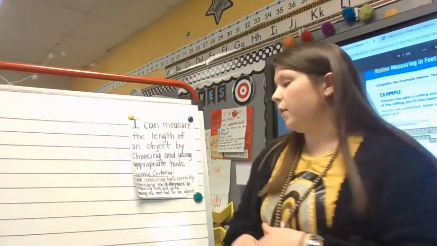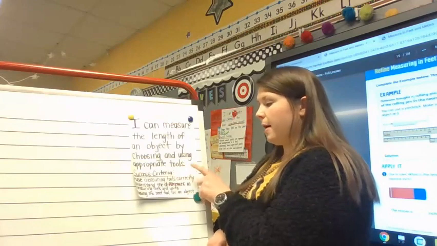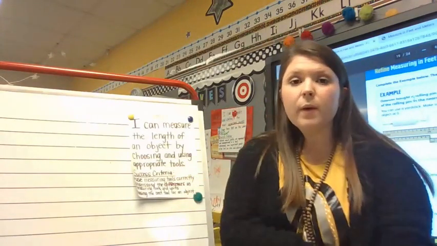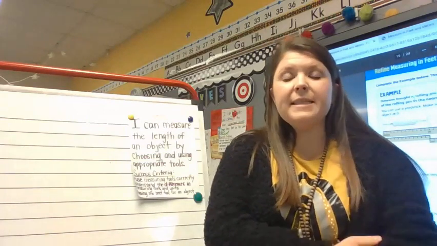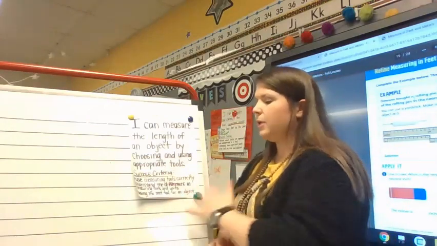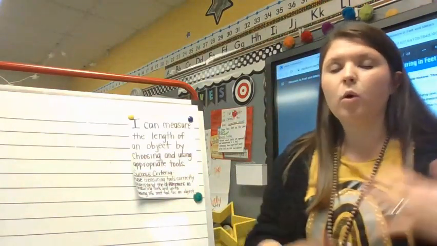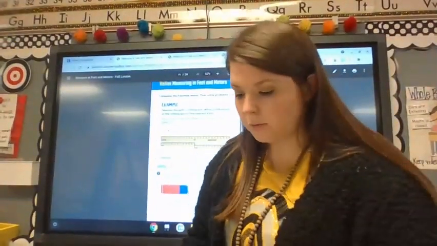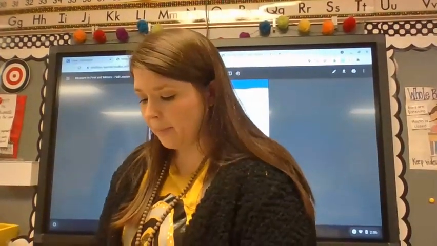So we've really been focusing on these first two, using measuring tools correctly, and then knowing the difference between the measuring tools and the units. And today we're really going to continue practicing those, but also adding in choosing the best tool for our object, okay?